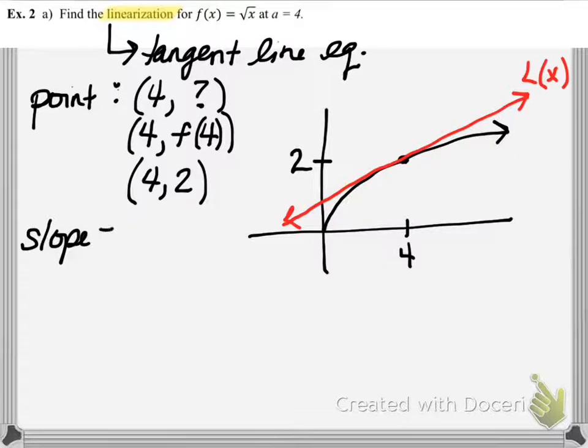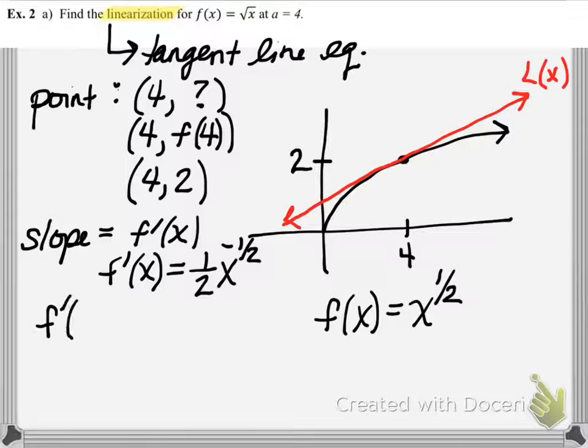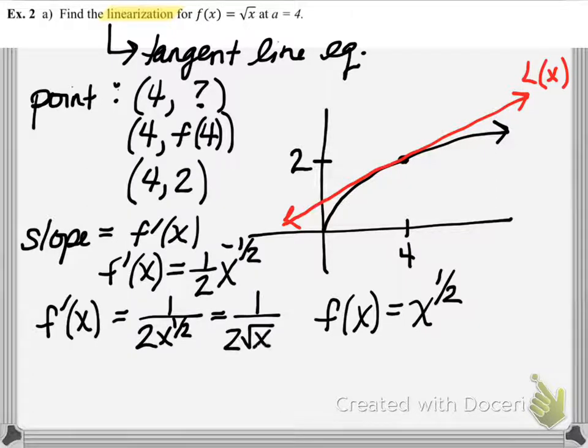Now the slope of the tangent line can be found by computing the derivative of the function. Now remember, our function, the square root of x, can also be written as x to the 1/2 power. Therefore, our derivative using the power rule will be 1/2 x raised to the negative 1/2 power. Now that could also be written as 1 divided by 2x to the 1/2 power, which is also equivalent to 1 divided by 2 times the square root of x.